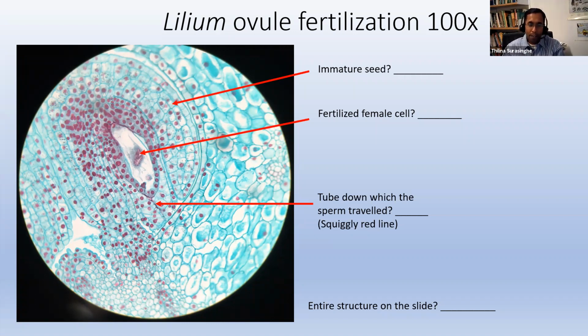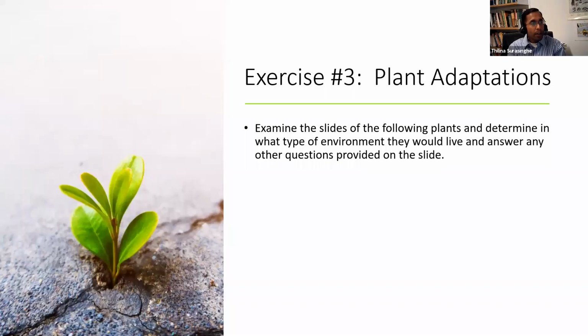And then ultimately enters the ovule through the micropyle, right? And that particular thing is still called pollen tube, right? It's only after entering the micropyle that it releases the 2 sperms, for the fertilization to take place. So the answer to that question, the tube down which the sperm travels, pollen tube, right? All right.